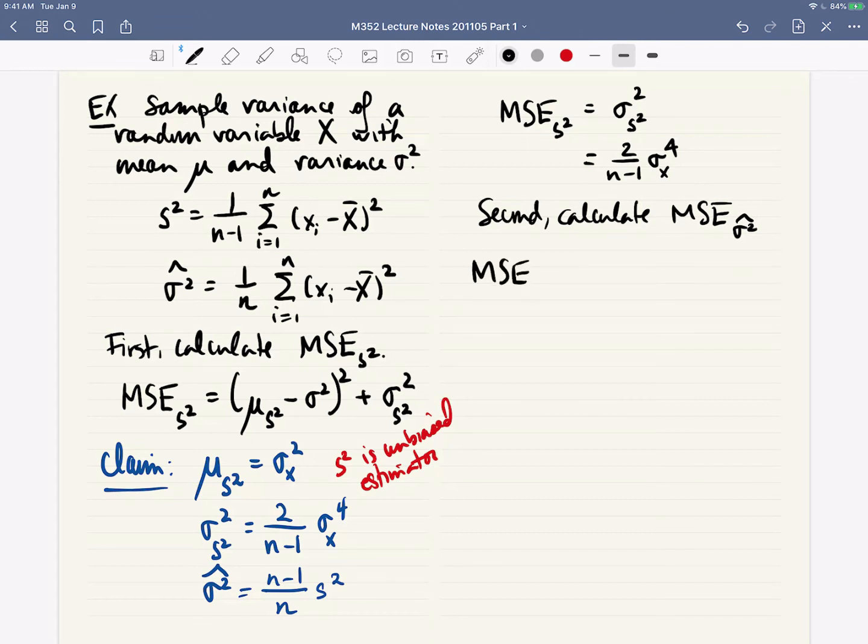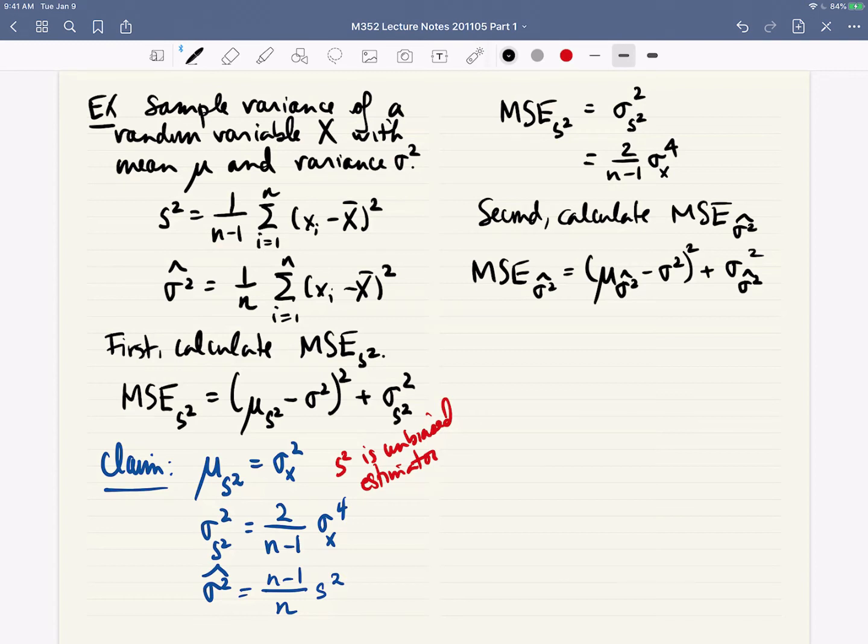By definition, the mean squared error for this estimator is the mean of this estimator minus the actual thing we're trying to estimate, and then we square that. So the mean of our estimator for variance minus the variance, squared. And then we add to that the actual variance of our estimator.